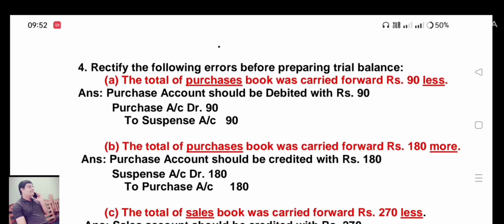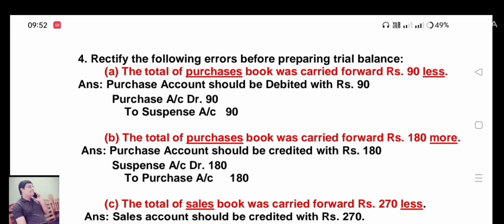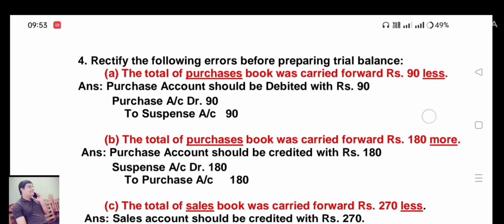Now, fourth question. Rectify the following errors before preparing the trial balance. The total of purchase book was carried forward rupees 90 less. I underlined the important points in the question which you have to remember and which you have to see.